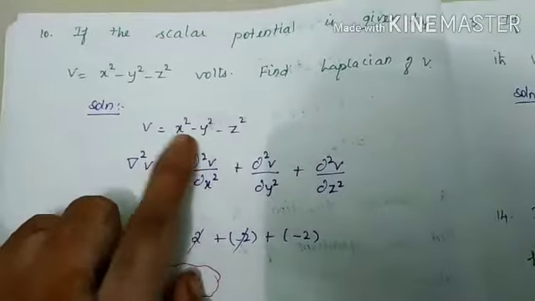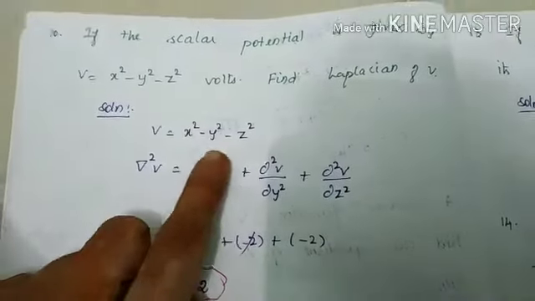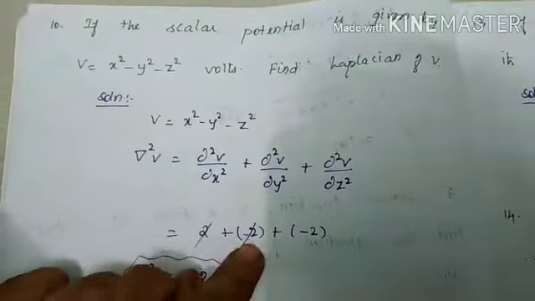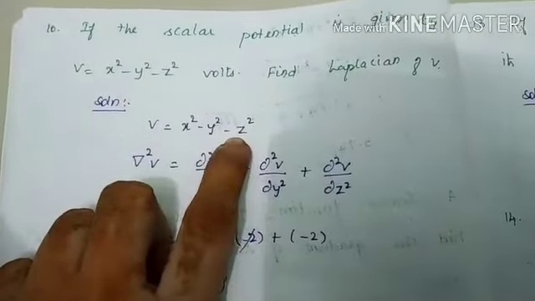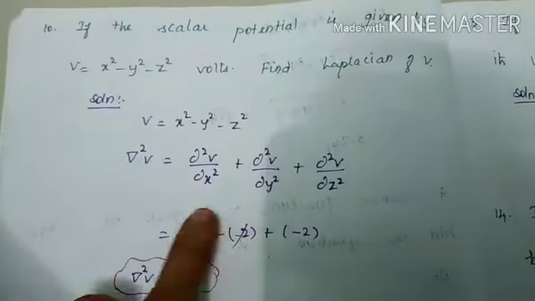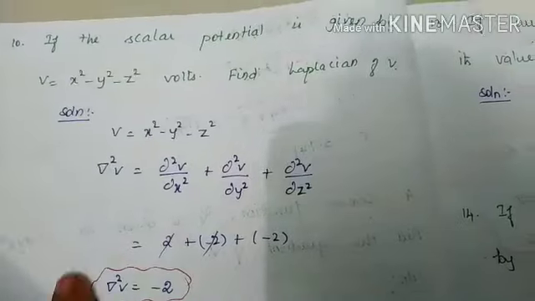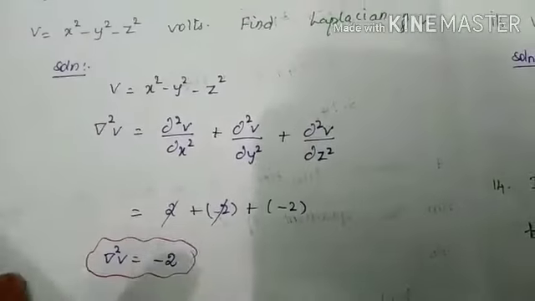Second differentiation it becomes 2 alone. Then minus 2y, and the next differentiation becomes minus 2. Then minus 2z, and the second differentiation becomes minus 2, right? So plus 2 and minus 2 get cancelled. So the Laplacian of v, the final answer, will be minus 2, right?